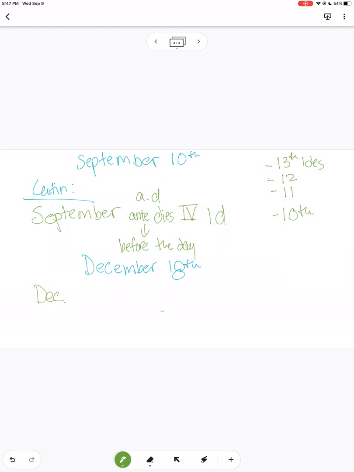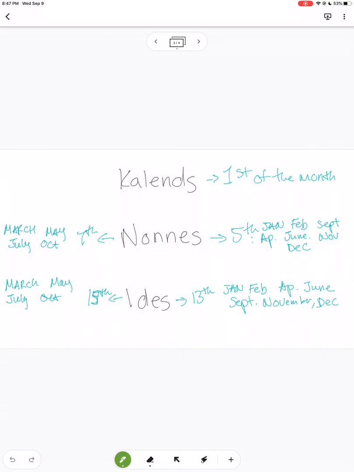Then, we need to know when the next major day is for the 18th. So December, let's see, 18th. So probably going to be the Ides again. Or, well, no, see, both of these come before the 18th. So it's going to be the Calends.